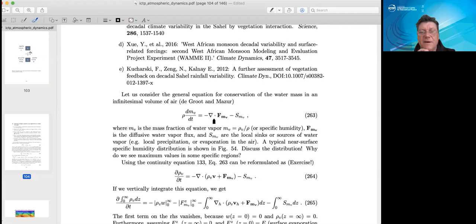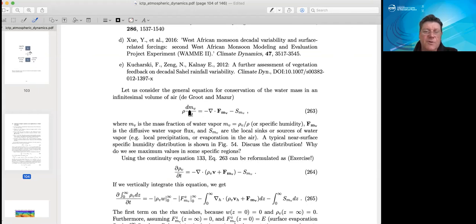Then we have the convergence of diffusive fluxes of this quantity, because the non-diffusive fluxes are included for the time being in the advection term. And we have a source or sink term for this quantity, which we call S. This is a generic evolution equation that is valid for any tracer.